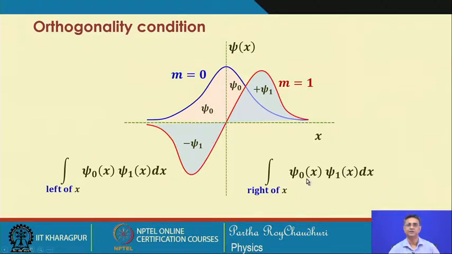So, this integral and this integral are equal, but they have opposite sign, because on one side the product is psi 0 and minus psi 1, and here the product is psi 0 and plus psi 1. So, they will cancel each other, and the result is that this product summed over the entire waveguide will be equal to 0. That is the orthogonality, and this is true for every mode to every other mode.